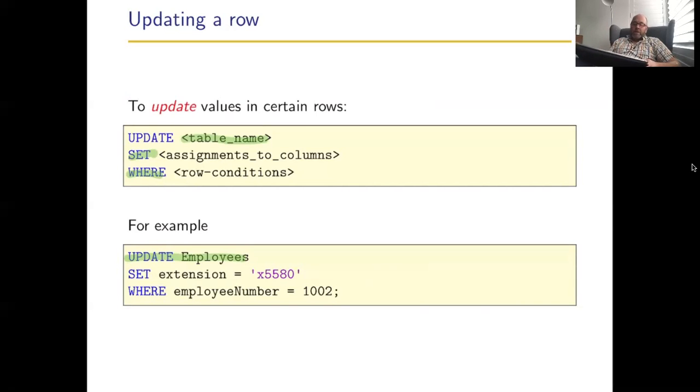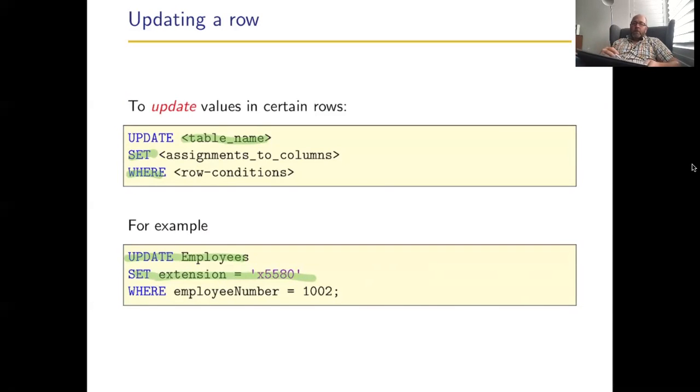For example, employee number 1002 gets a new phone extension for his office, so we need to update the employees table to reflect that new extension. The way we do that is update employees, set extension equals whatever the value is, in this case x5580, where employee number equals 1002.